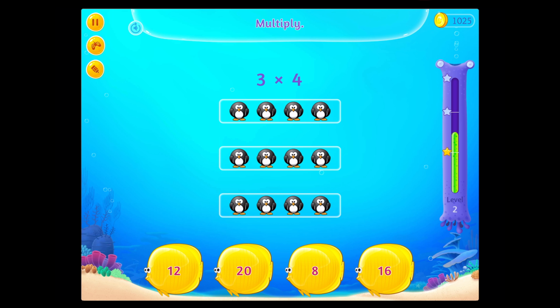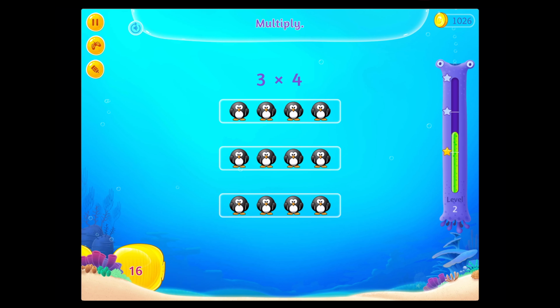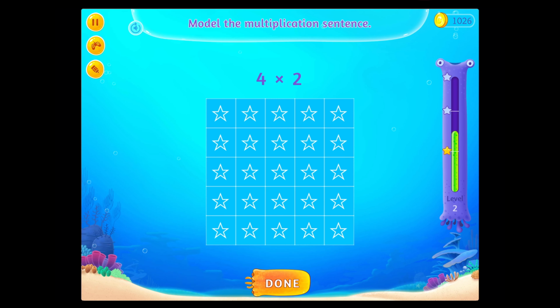Multiply. Good going! Model the multiplication sentence. Good going!